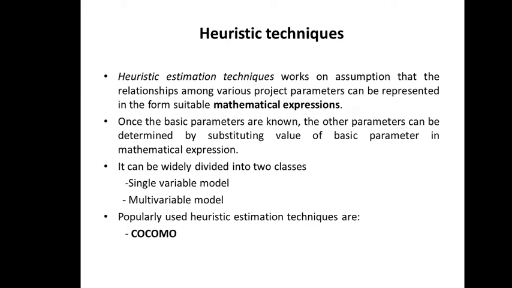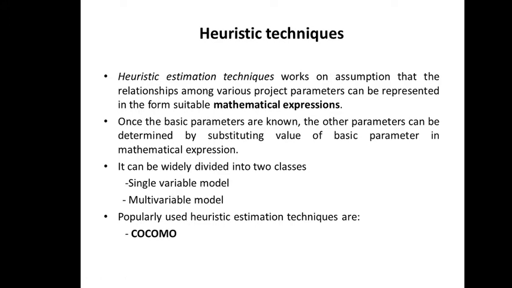So that means if one of the parameters is known to you, the others can be calculated using a mathematical expression. Now these mathematical expressions can belong to two classes. One is single variable and the other one is multivariable. Single variable, where the value depends upon a single variable used here, right?